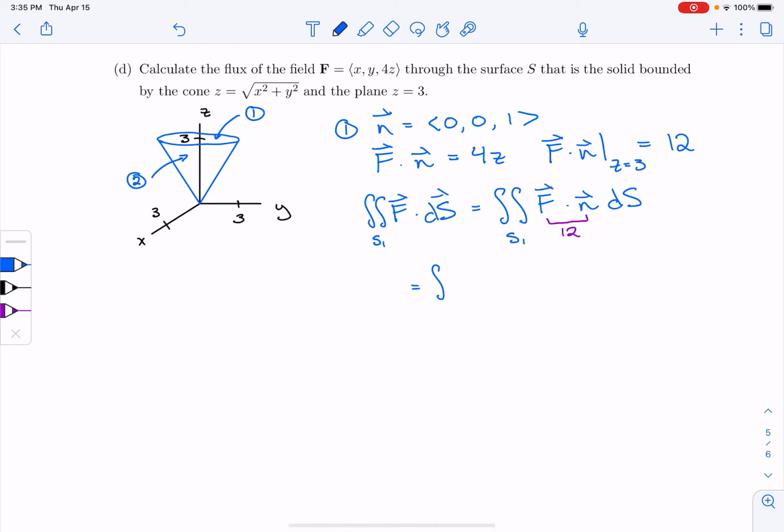So I'm going to go the integral from 0 to 2 pi for the thetas, the integral from 0 to 3 for r's, f dot n is 12, and then the ds in this case is going to be r dr d theta. Now, if you go ahead and compute this integral, it's again a pretty simple double integral. You will get 108 pi.